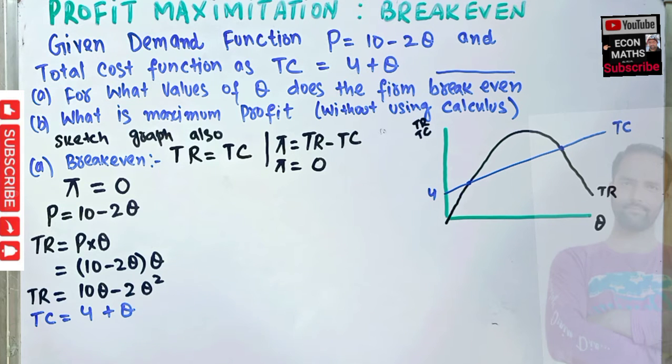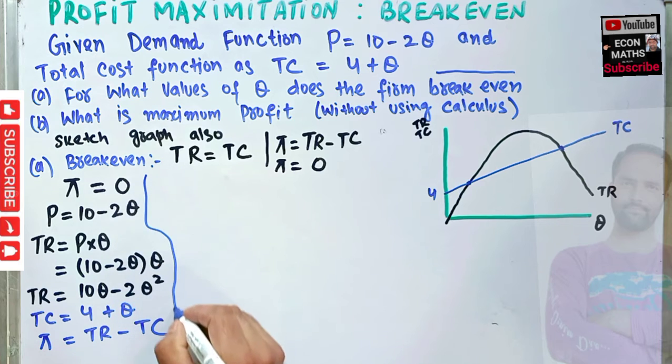Okay, so let us try to find out the profit. We know profit is equal to total revenue minus total cost. So let us write it here.